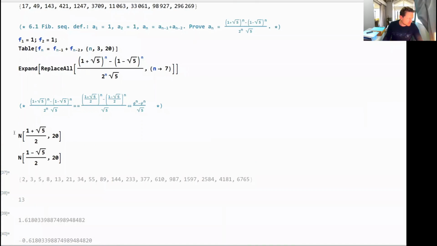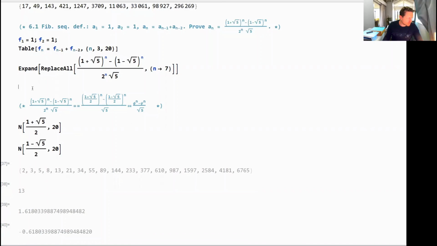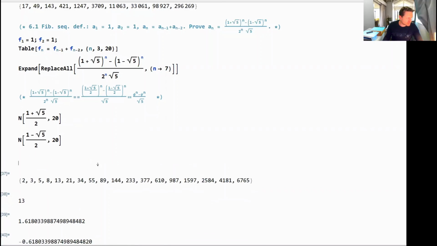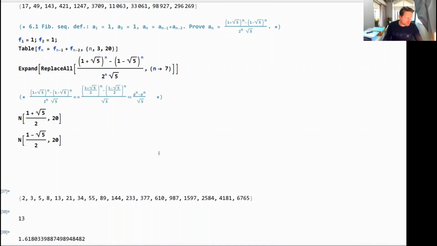So let's see, I'll make this a bit more compact. I'll pull it up here so we can see. Now, what we want to do is we'll start with stating what we're trying to prove in a somewhat different way, all right?